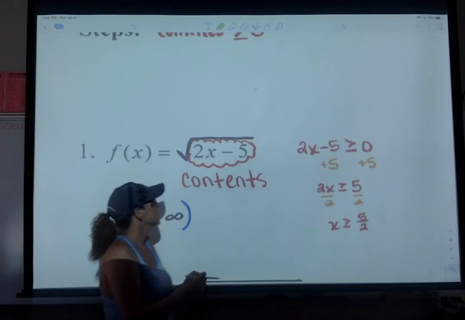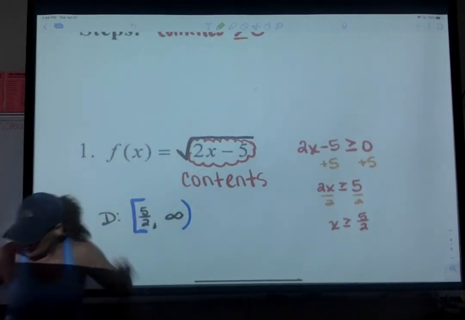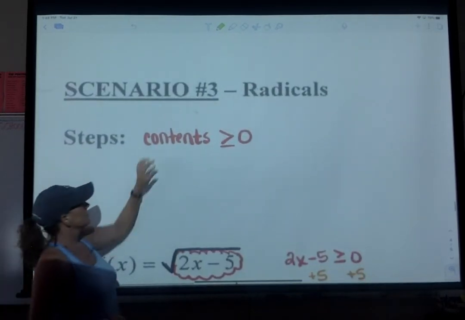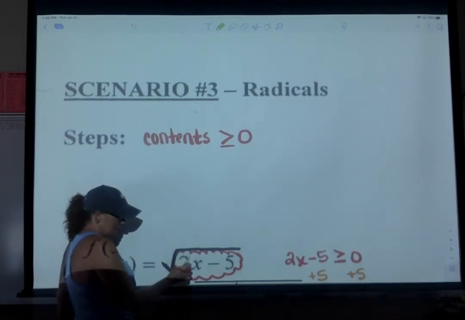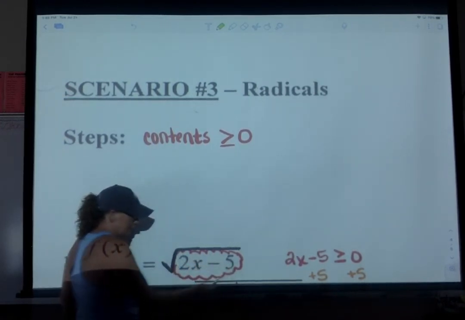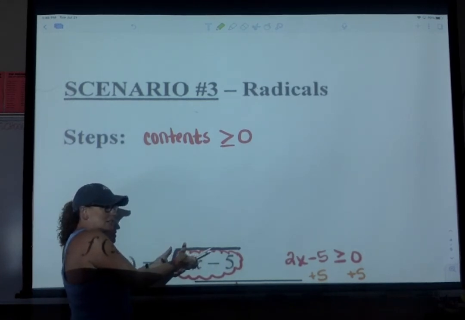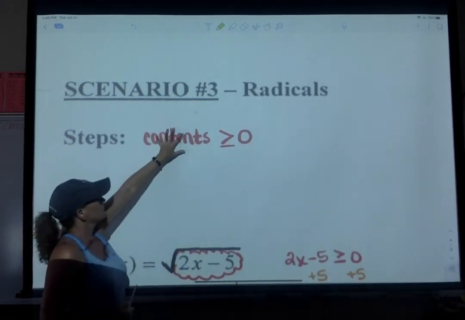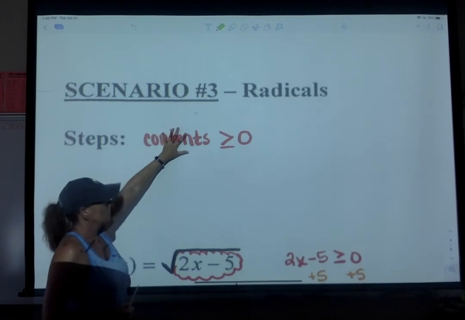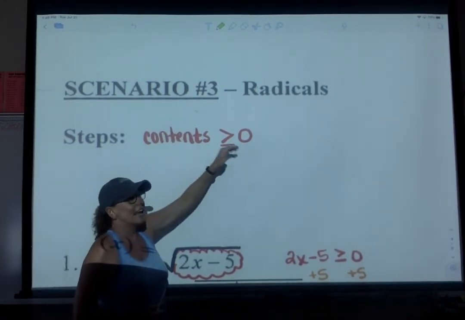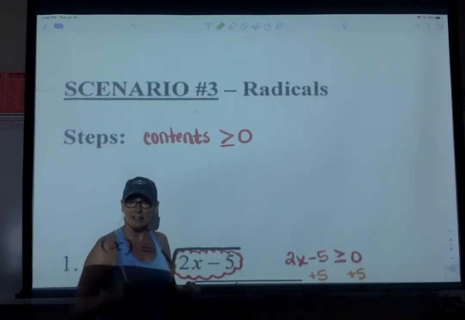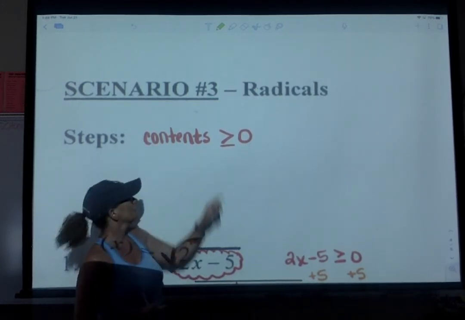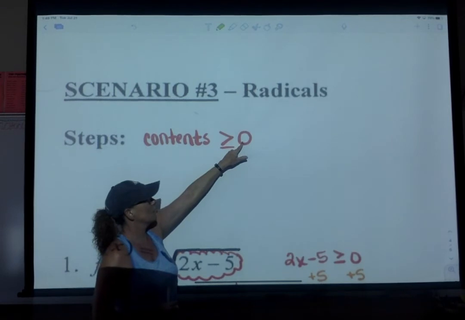All right? So what I'm going to have you do, the steps for this problem is, I want you to look at the contents of the radical. So everything that's in the radical, I want you to write the contents out and then say that it can't be negative. Now this is a little bit tricky. If it can't be negative, then it has to be positive, right? Contents have to be positive. What about 0?